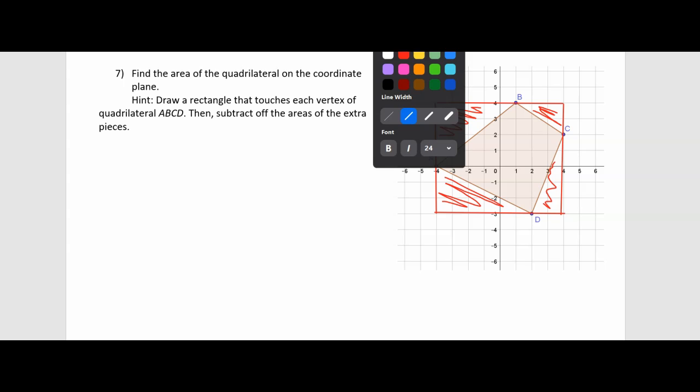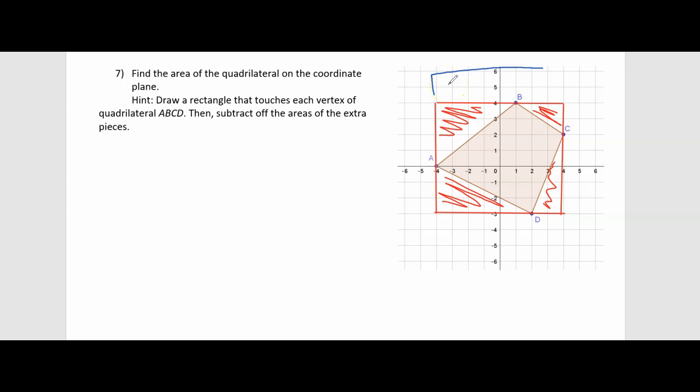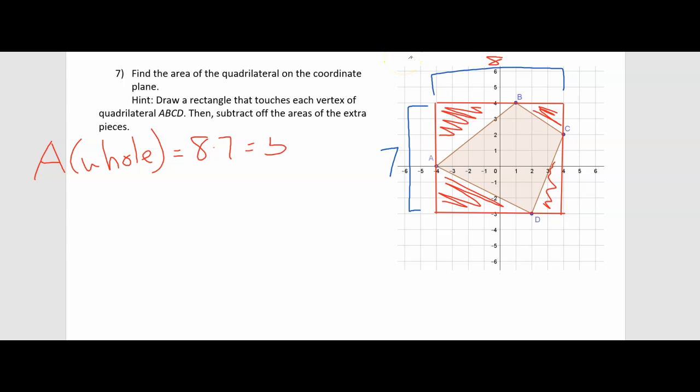So again, we can just count the units here. Let me do the area of the whole. Area of the whole, that is 8 units and 7. So I've got 8 times 7, which is equal to 56. That's the area of the whole.